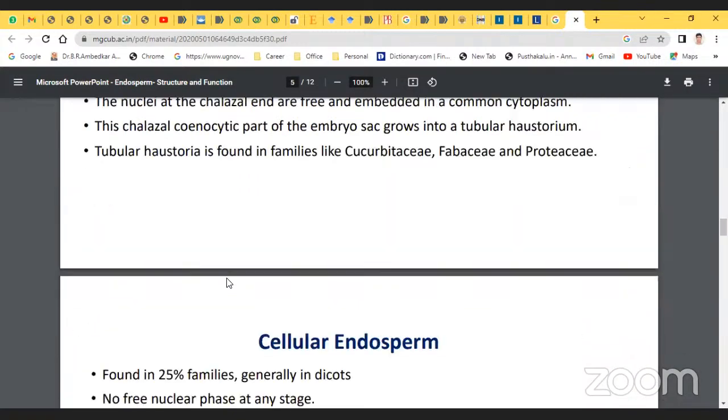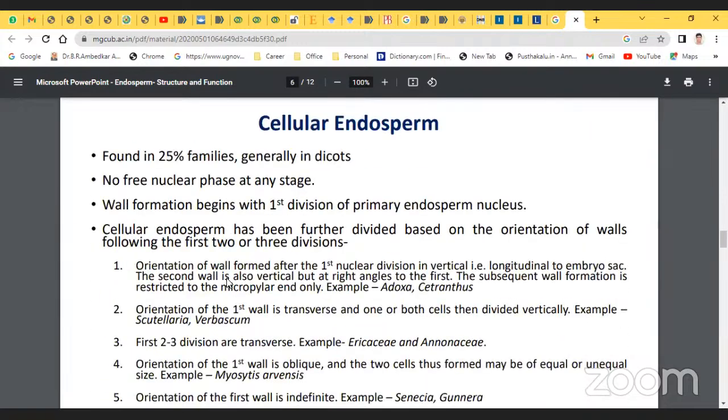The next one is cellular endosperm. It is found in about 25% of families. Cellular endosperm is characterized by the absence of a free nuclear stage.